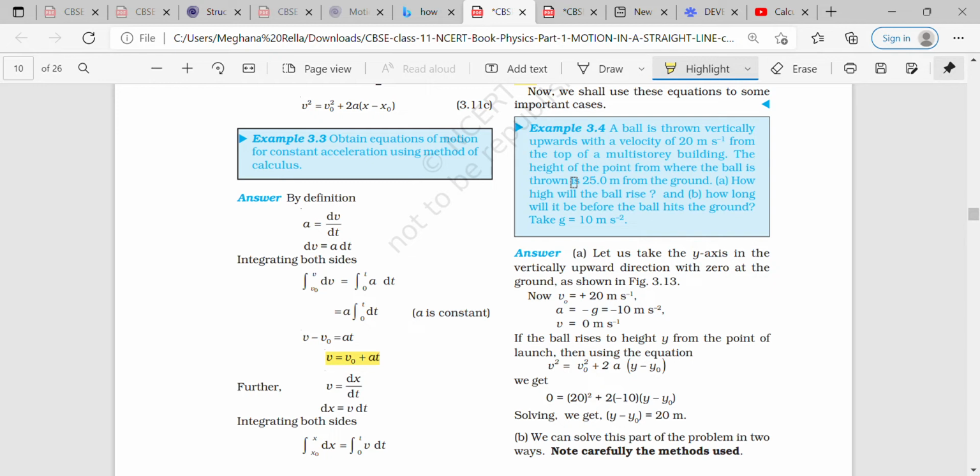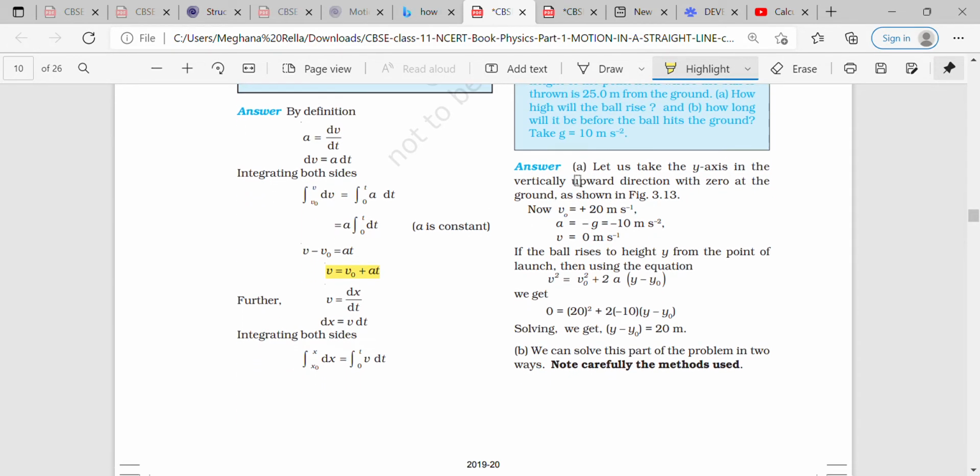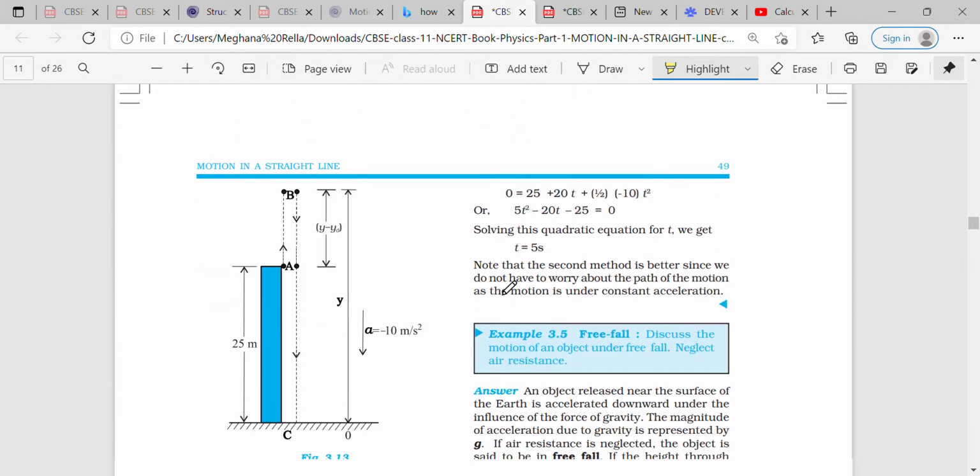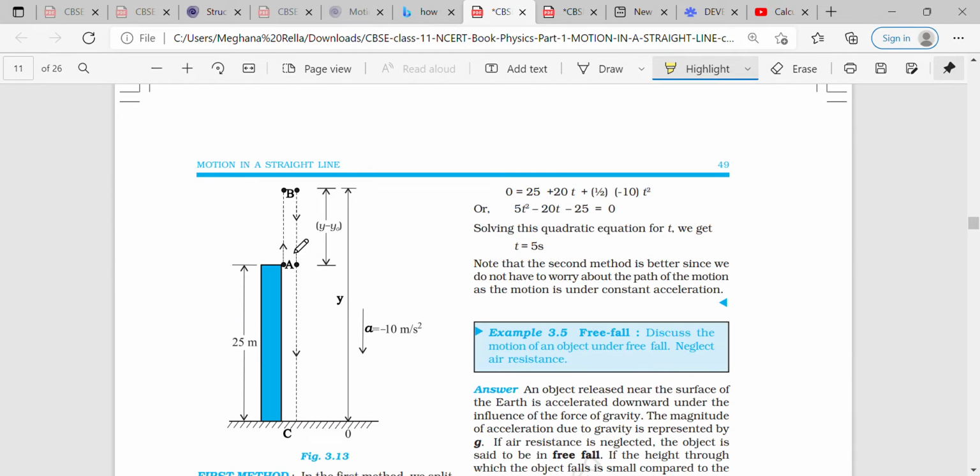Let's go ahead. So this is the diagram. We have a 25-meter height, and the ball will go up there, then it'll come down.